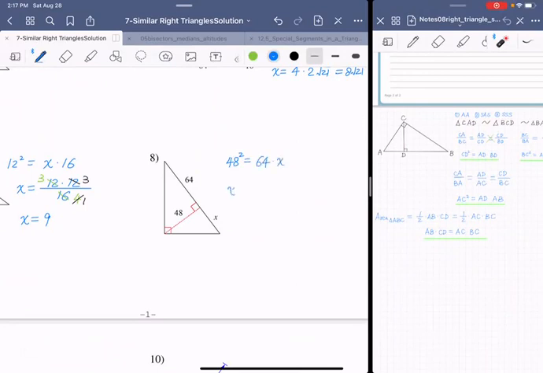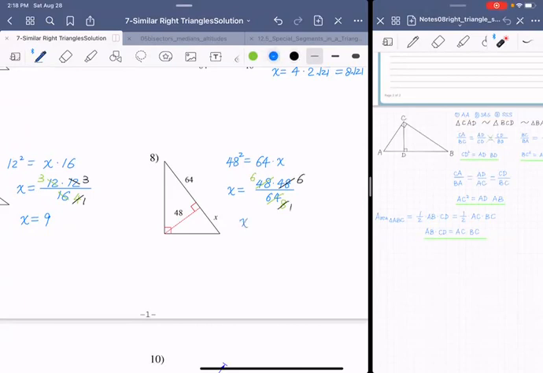Okay, let's simplify. X equals... divided by 8. Correct. Okay. And then this divided by 8 is 6.